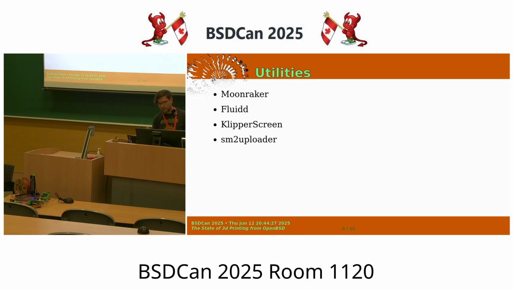But it's really neat that you can have these sorts of things. Also running on there is Fluidd, which is a web interface that also talks to that Moonraker API and lets you bring up the printer interface in a web browser on your computer from anywhere that you can access it. And that's really neat because you can check on the status and check on what it's doing and all of that remotely.